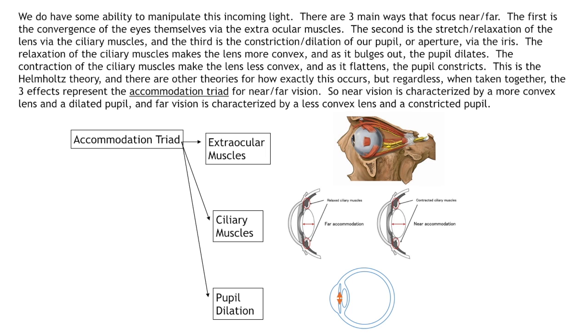And the ciliary muscles are attached to the lens and pull the lens and distort it to make it more convergent or less convergent, being more convex and less convex. And then by default, the pupil dilates or constricts based on the convergence or bulging of the lens.